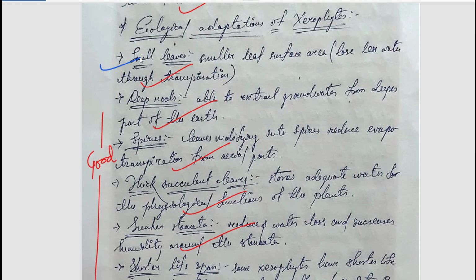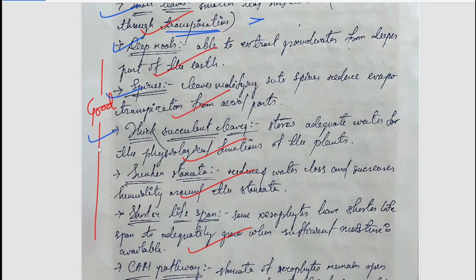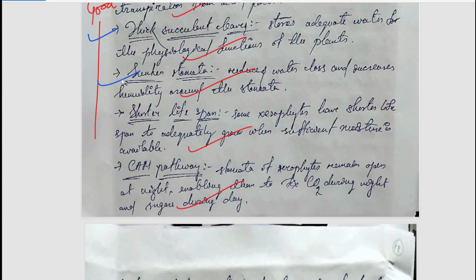Obviously, small leaves. You will see that sometimes leaves are turned into thorns so that transpiration losses could be low. Deep roots, obviously, to extract water. Spines are there. Thick succulent stems or thick succulent leaves to store water. Sunken stomata can be seen. Shorter lifespan, CAM pathway.